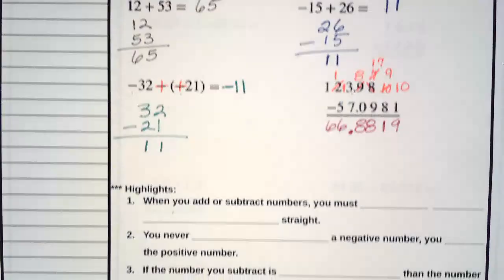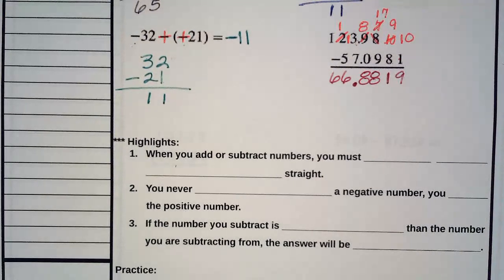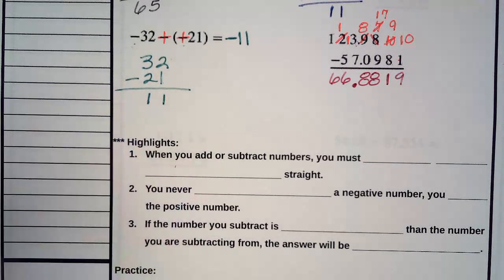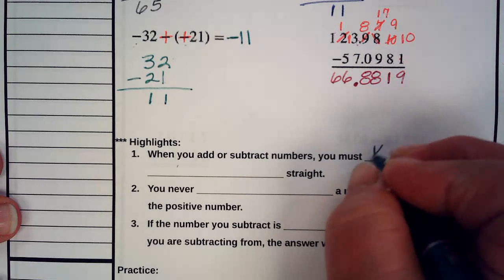Okay, that was a lot to say. Okay, what happens when you add or subtract numbers? When you do it, what did we do first? We set it up into columns, and what do we know about those columns? You have to keep the columns straight.